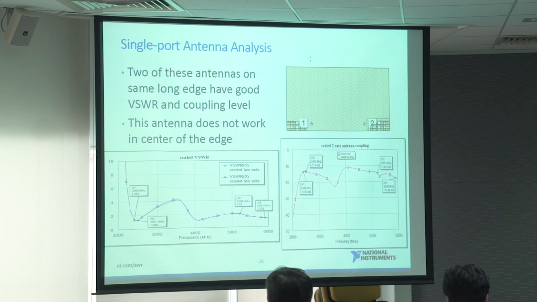The resulting coupling is actually minus 13 dB at worst between these, and the VSWR was at 2 or less across both bands. So it turned out pretty well. Next slide.